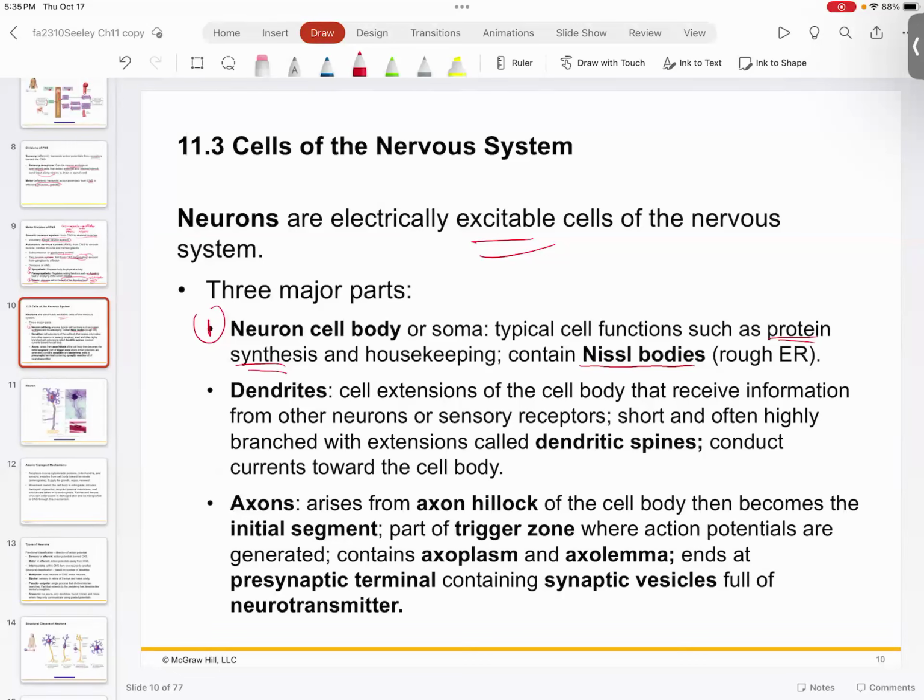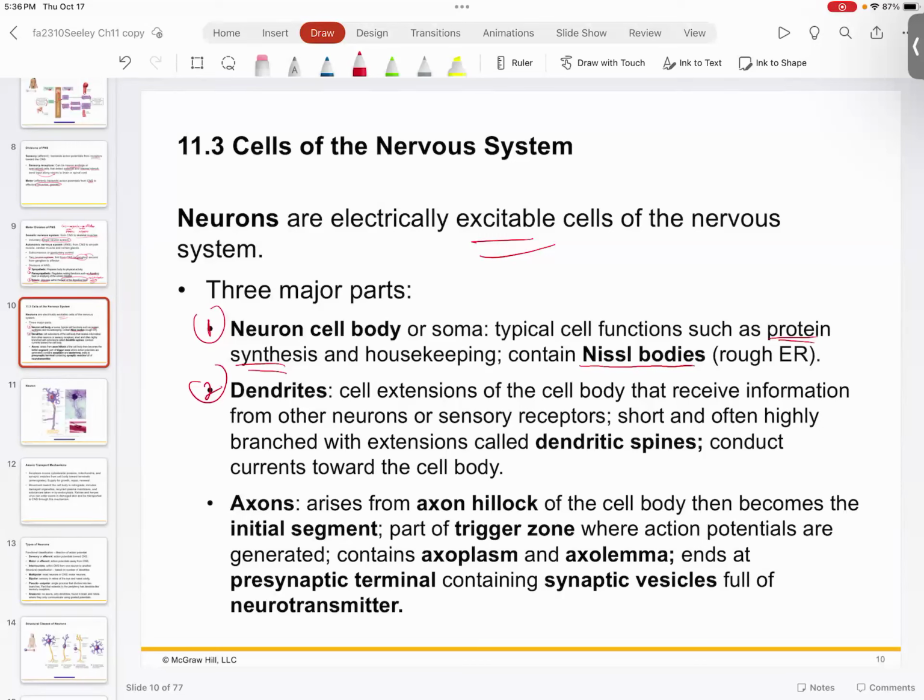In the cell body of a neuron, you've got a large cluster of this rough ER, and those are referred to as Nissl bodies. So you can actually see them cytologically. Of course, they were named Nissl bodies before we realized what they were, but now we know they're rough ER.